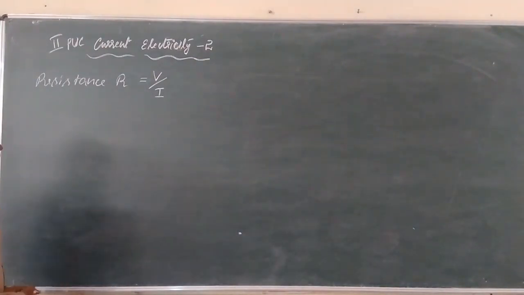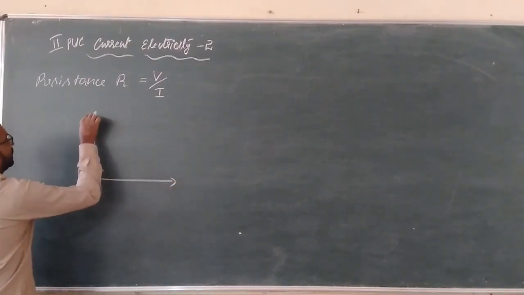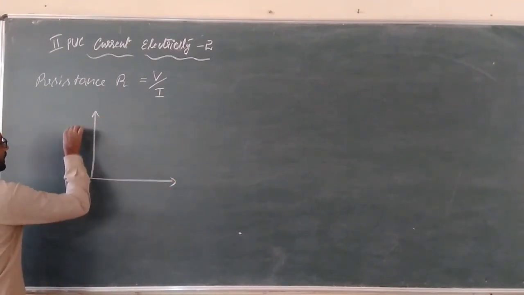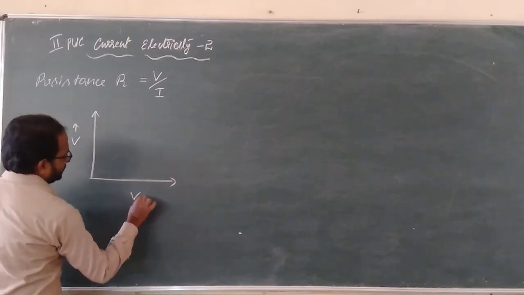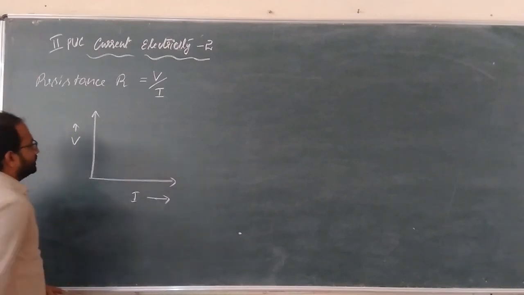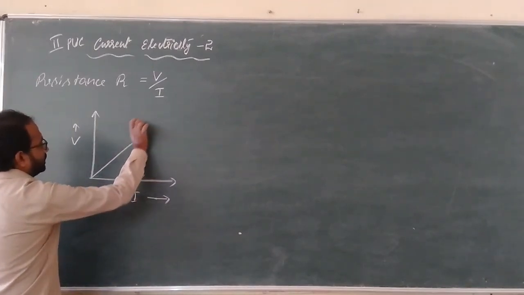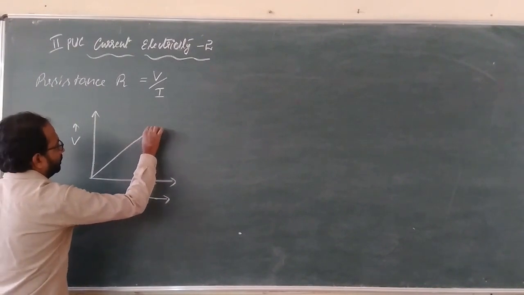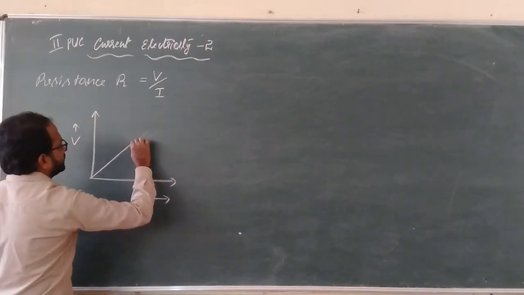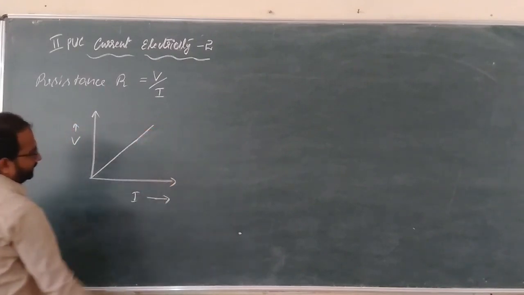Okay. So if I plot a graph for voltage and current, the VI characteristic, you are getting a straight line, because by the definition of Ohm's law, the voltage across the conductor is directly proportional to the current flowing through it. We should get a straight line.